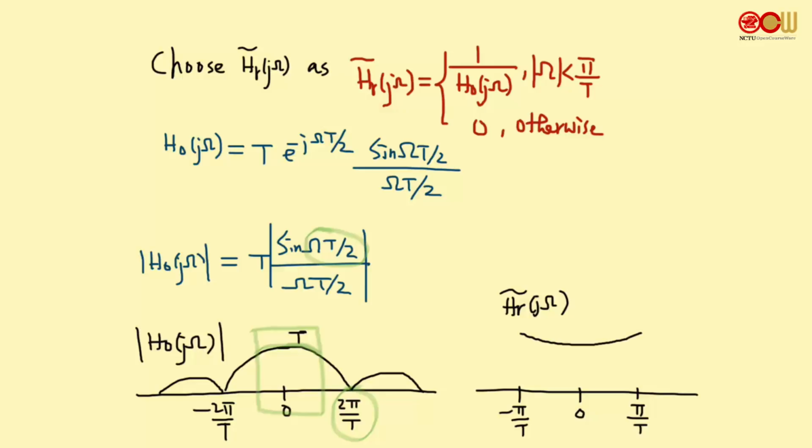That's the magnitude of HR tilde j omega.